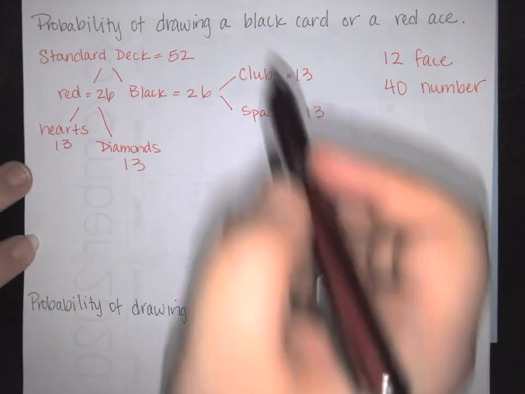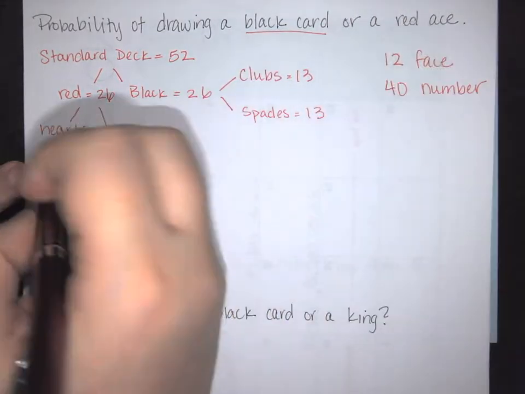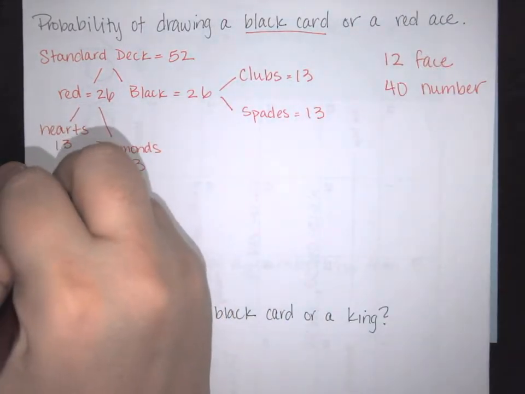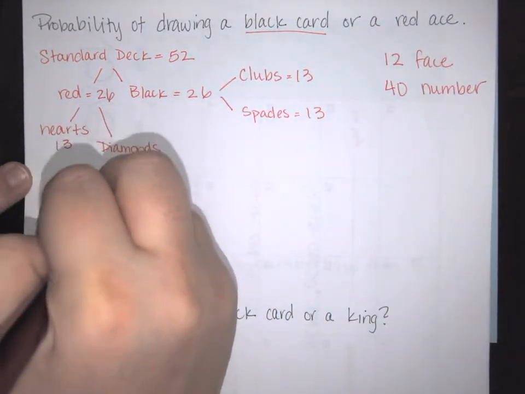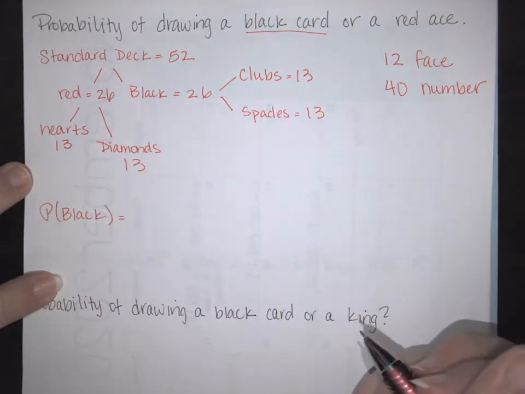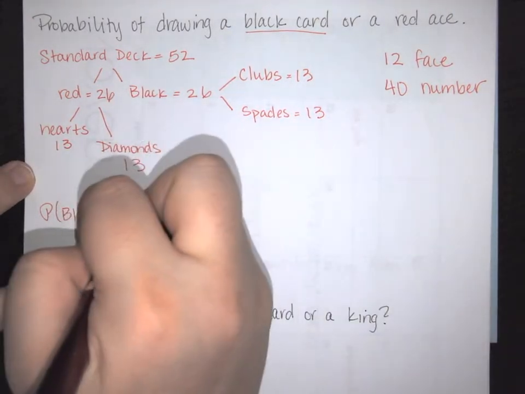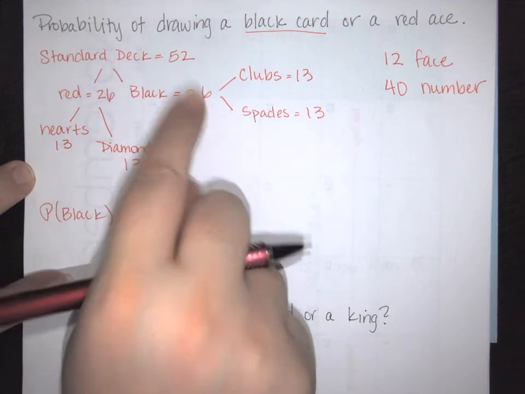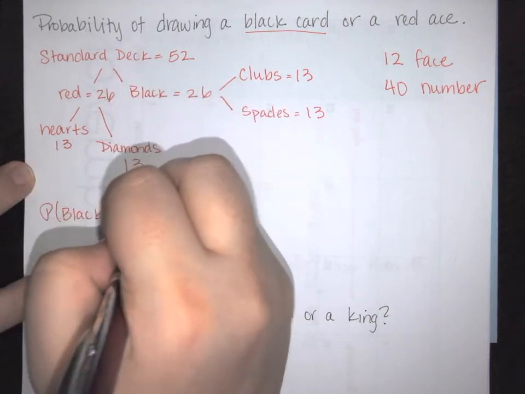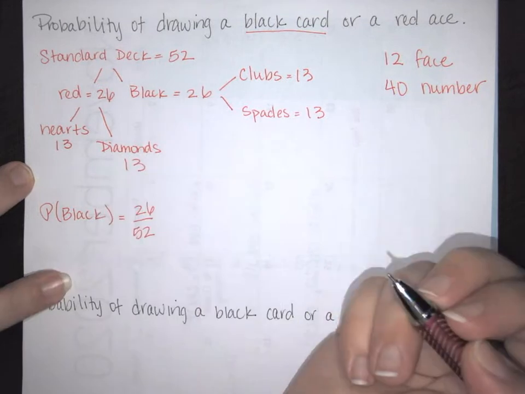So here, I want the probability of drawing a black card. So the probability of drawing a black is going to be the number of black cards that I have. So that's going to be 26 out of my possible 52 total.